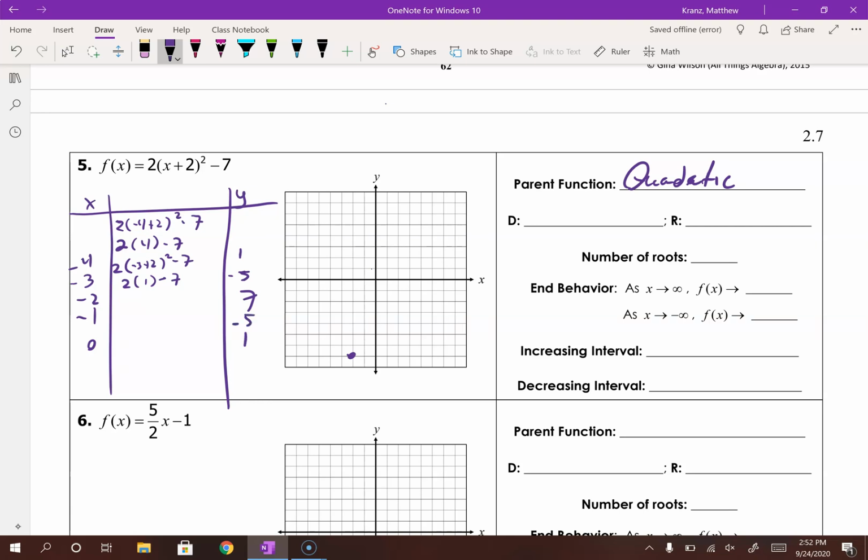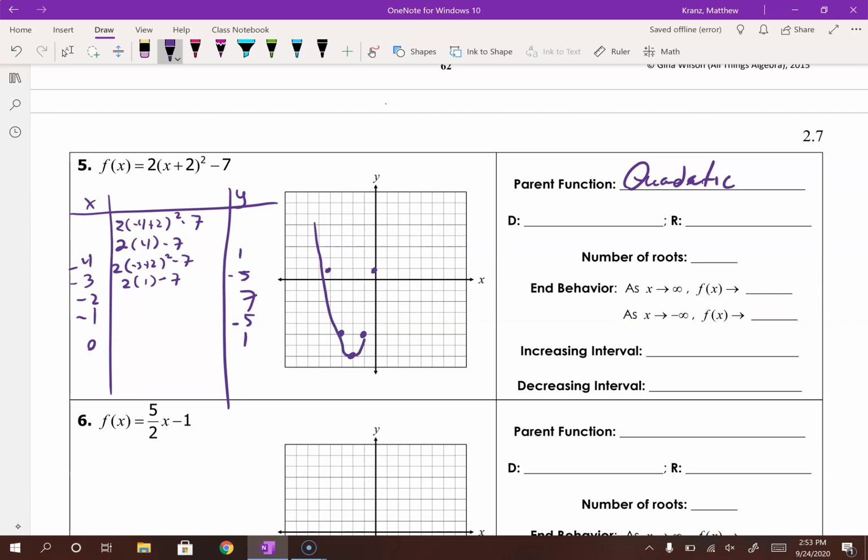So let's go ahead and graph it. I have a -4, 1, a -3, -5, I have a -1, -5, and a 0, 1. So that looks about right.